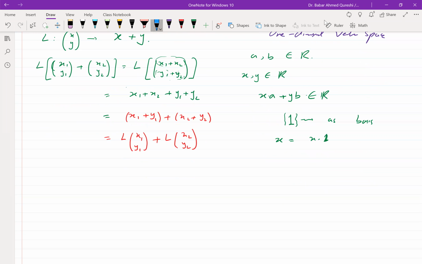And in the second instance, I have to check the scaling. If I take a vector, I don't need the ones now. Then this is just ax, ay, and I'm transforming this according to my rule, which is this one.